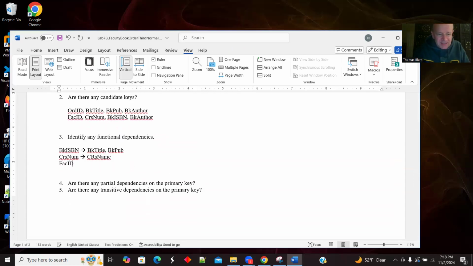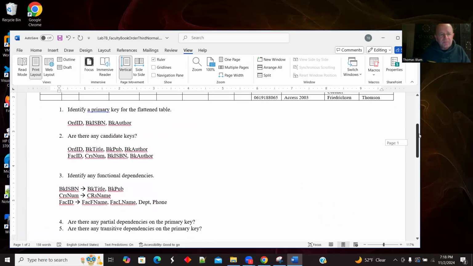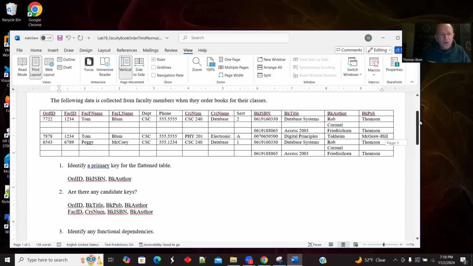So we have some faculty ID that's telling us the faculty first name, the faculty last name, the department, the phone, and the order ID is going to tell us the faculty and the course num.